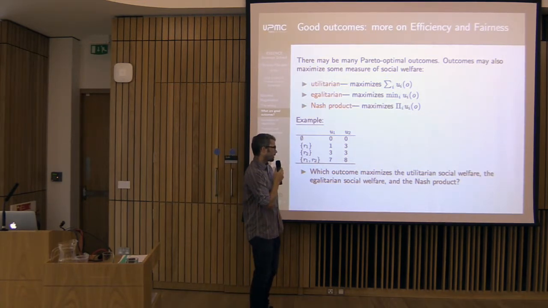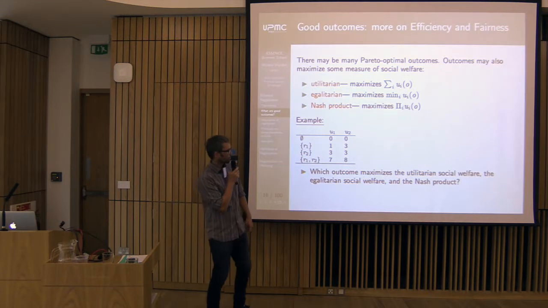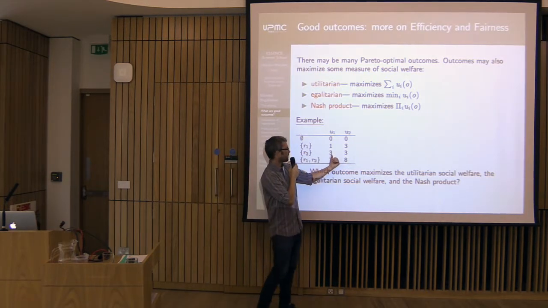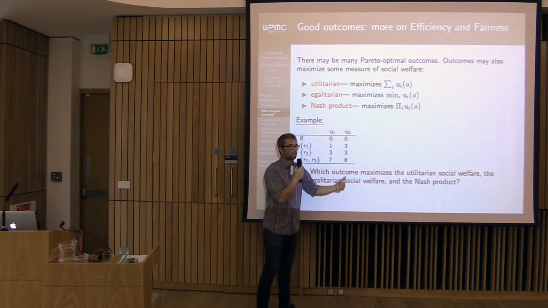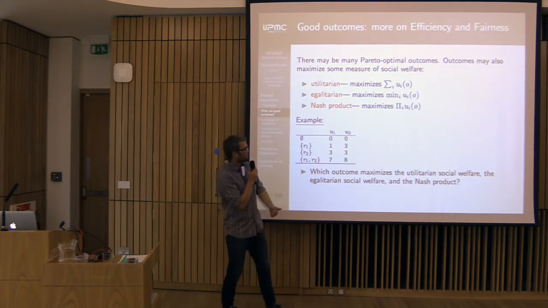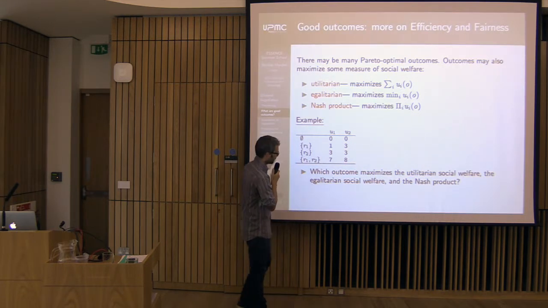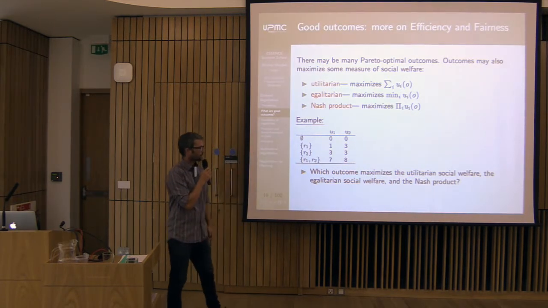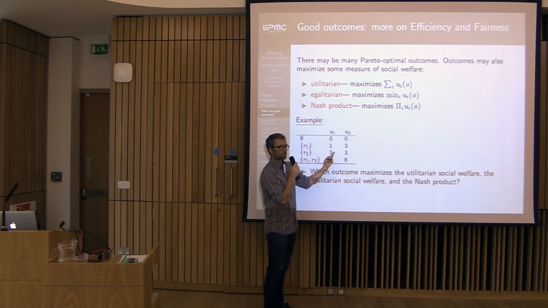What would be the egalitarian social welfare? Egalitarian social welfare, in that case, would be to give R2 to agent 1 and R1 to agent 2. Okay, give 3 and 3. Any other outcome would give less to one of the agents. And the Nash product in that case would be also the solution, which gives 9.